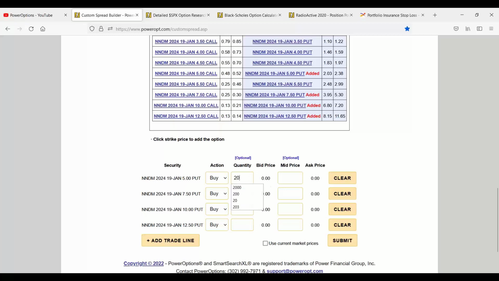Let's start from scratch. Bought 20 at 220. Sold 5, for 447.